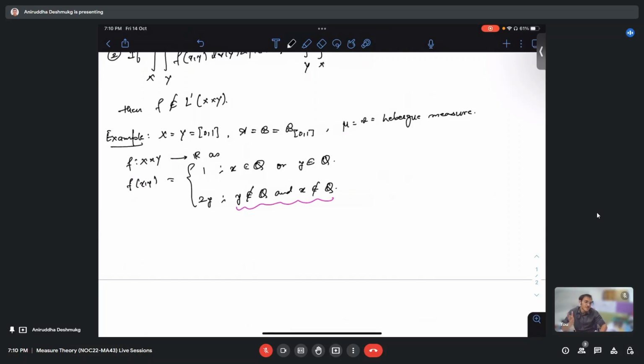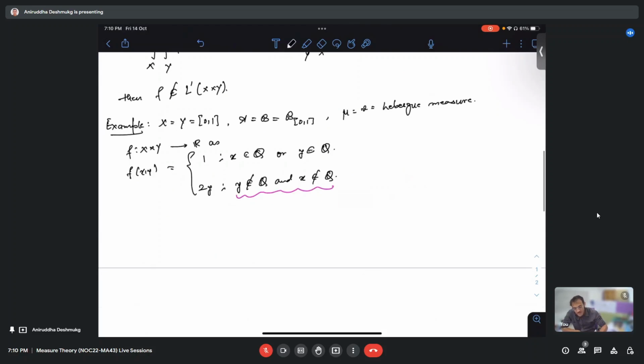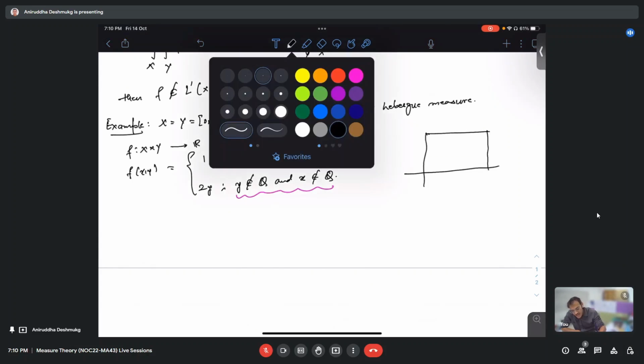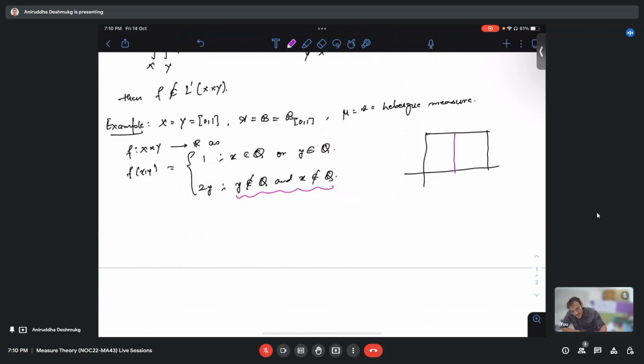So one cannot draw the graph of it. At rationals it has some values, at irrationals it has different values. But what one can say is surely this: consider the square [0, 1] cross [0, 1]. If I take x to be a rational number, then on this line f(x, y) is 1.